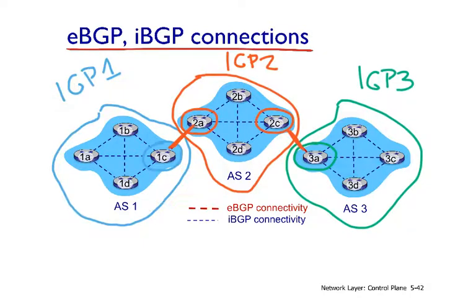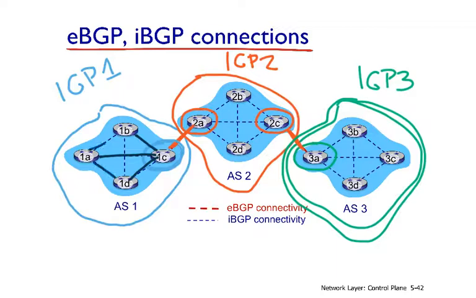Imagine that 1C, which is a border node in the first AS, receives information about the reachability of autonomous system number 3. Then it is able to propagate this information to the rest of the nodes in the domain, saying, I have this information, now you have it.